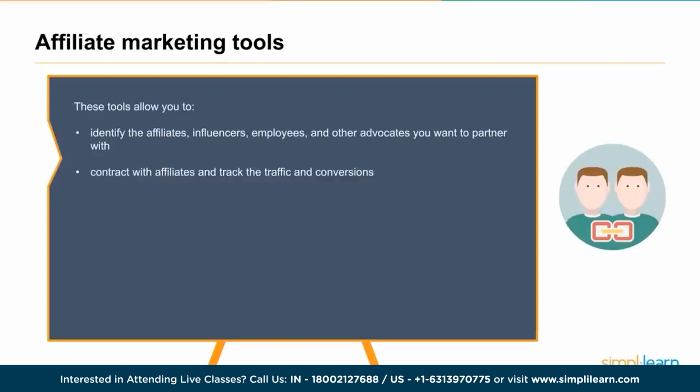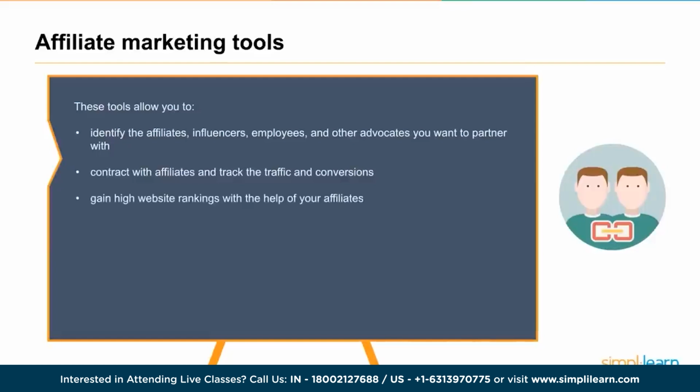Furthermore, you're going to need a platform to help you track: is this affiliate helping me drive traffic, is this affiliate driving traffic to my products, and is this affiliate helping me sell? These platforms help you do just that.